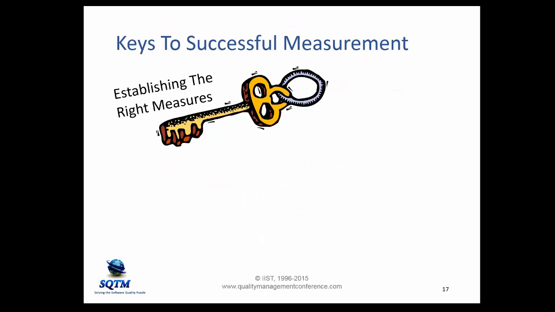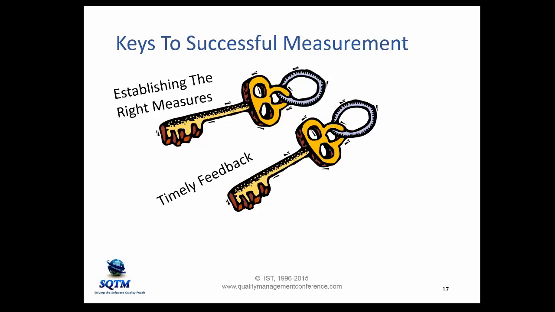Now, keys to successful measurements. We need to establish the right measures. If we don't have the right measures, we're just wasting our time. We have to give timely feedback to the stakeholders that are interested in this process or in the systems that we're developing.